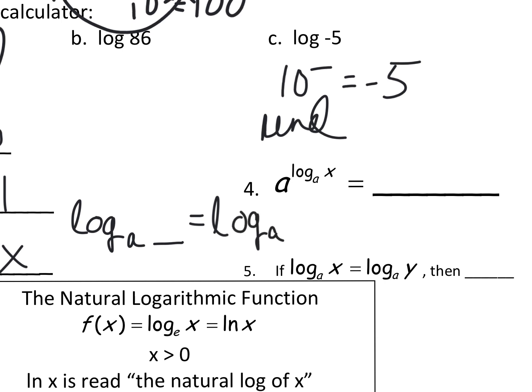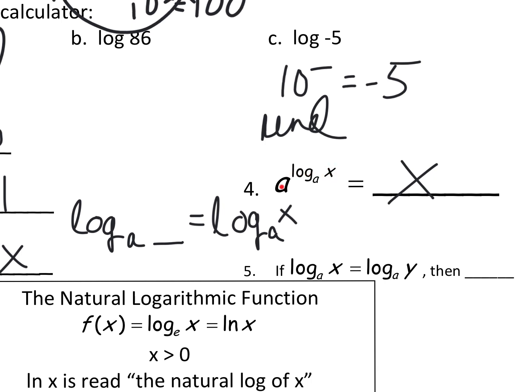Log base a of x. Now I ask myself, what would I insert into this blank in order to get these two expressions equivalent? I would have to insert x. So this is not going to come up often, but if we have a base of a, the exponent is a logarithm, and the base of the logarithm is the same as this base, then all of this will simplify to be the argument of the logarithm.